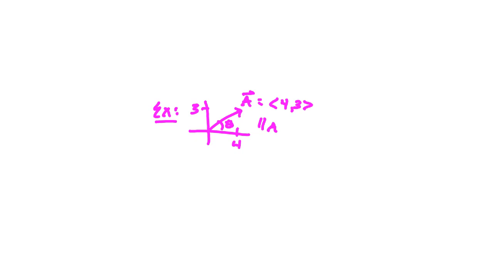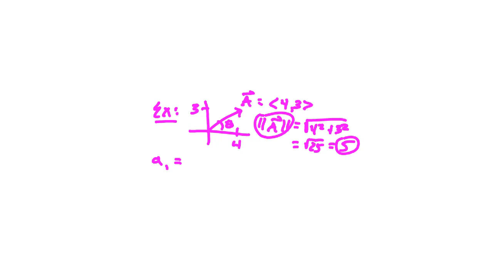So then I'm going to be able to take the norm of A vector, which is the square root of 4 squared plus 3 squared, which is square root of 16 plus 9, square root of 25, which is 5, right? And the norm of A vector is always positive. So the norm of A vector is 5. So that one's pretty easy. So what did we say on the previous slide?